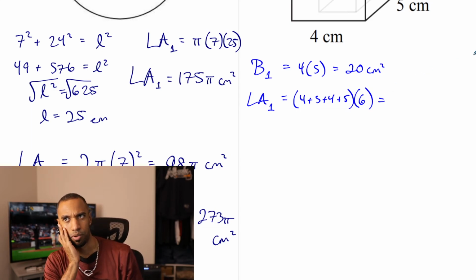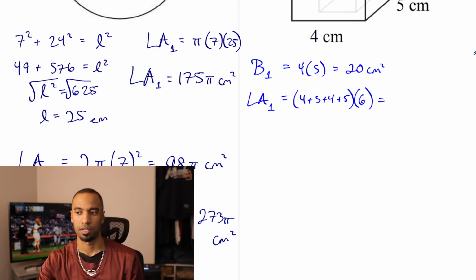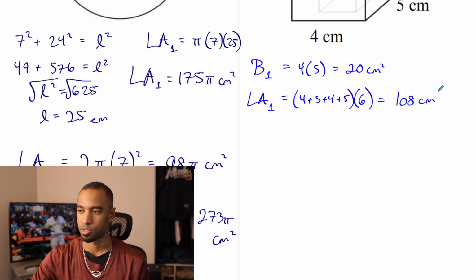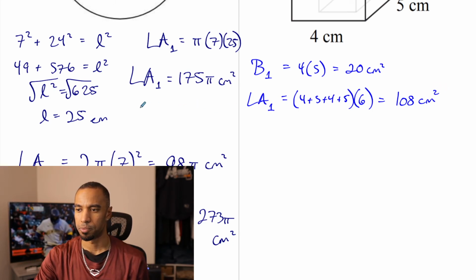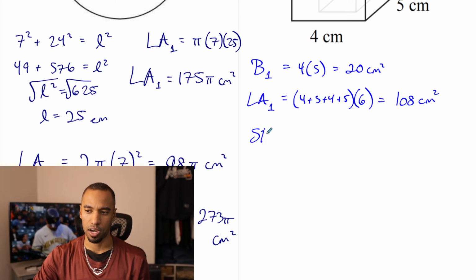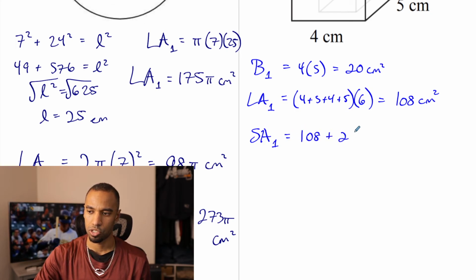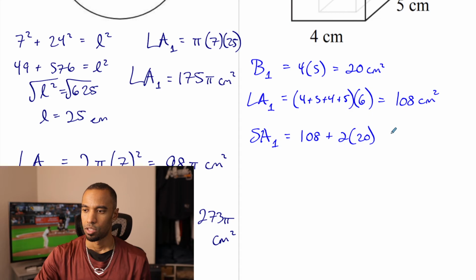Let's do 6 times 6 times 3. 36 times 3 is 108. So 108 square centimeters. So your surface area of the whole big guy is LA plus 2B. So that's 148 square centimeters.